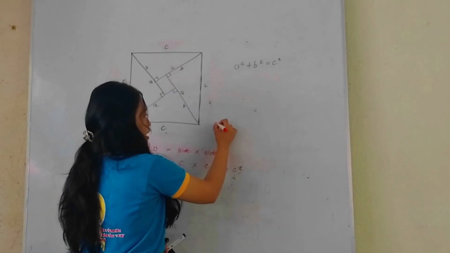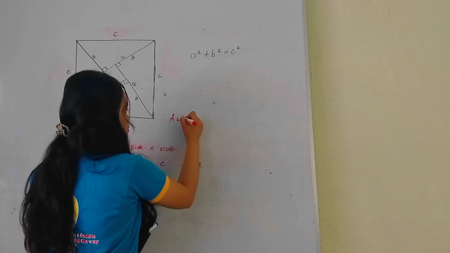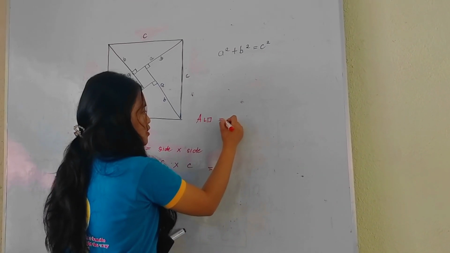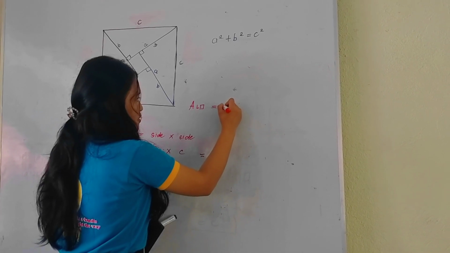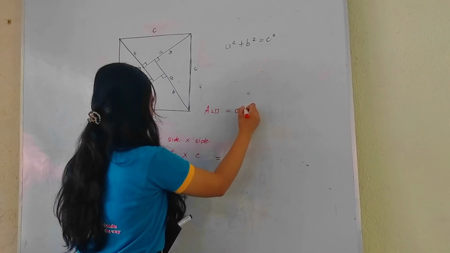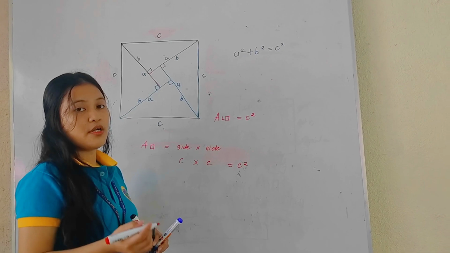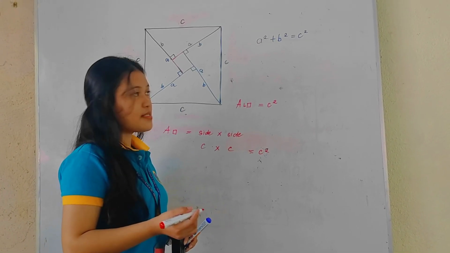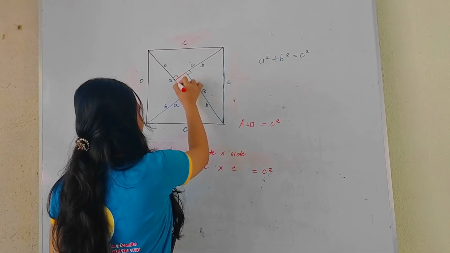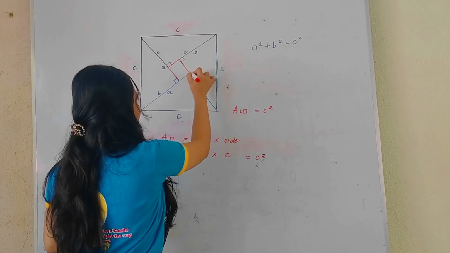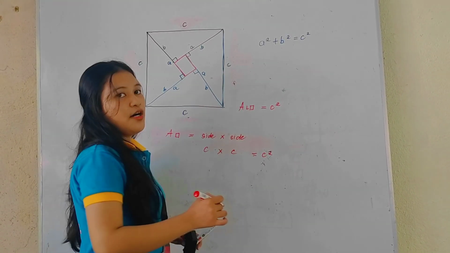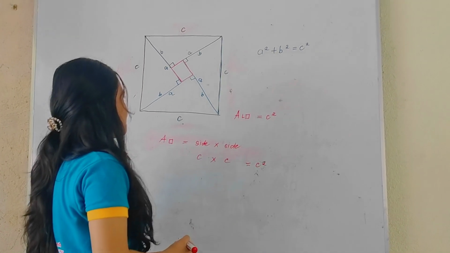So the area of the larger square is equal to C squared. As we look closely, we can notice that there is a little square, a small square in the middle of the larger square.